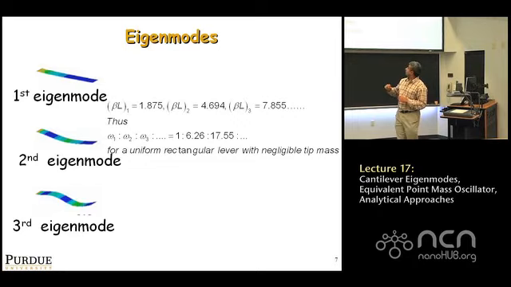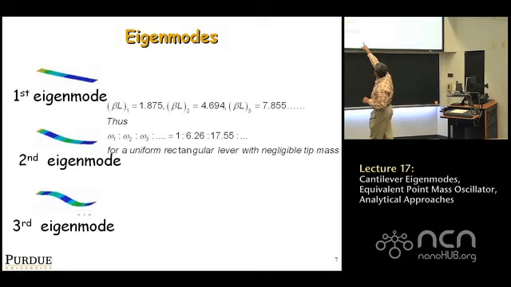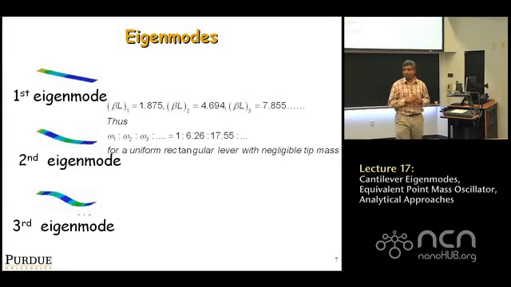The second eigenmode corresponds to what's shown here in the middle, and it has a nodal point in that it bends down and goes back up, has a vibration node in the middle. The third eigenmode bends up, down, up again. It has 2 vibration nodes. So typically the nth vibration mode has n minus 1 vibration nodes in it.